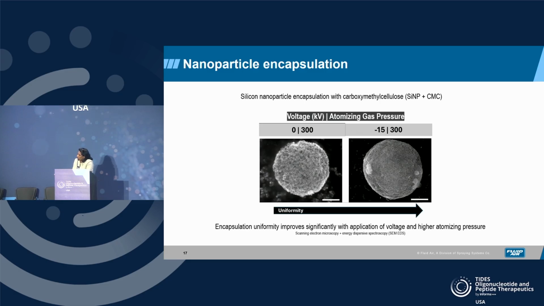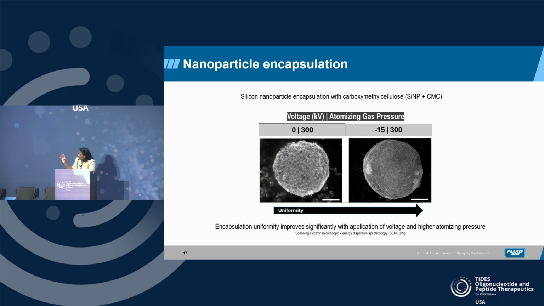When spray drying is used, the carboxymethylcellulose fills in those pores. But we demonstrated that when voltage is used, when electrostatics is used, a uniformity in coating was observed for the nanoparticle, meaning encapsulation was more superior.